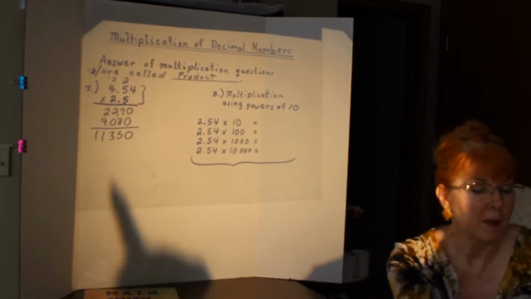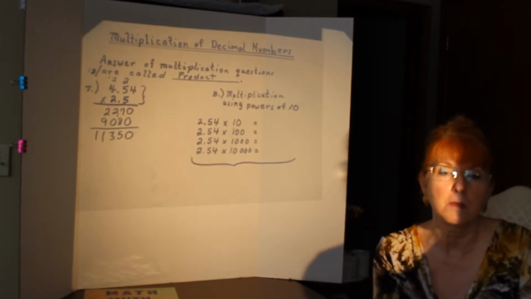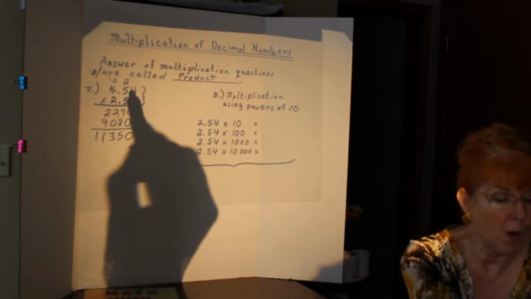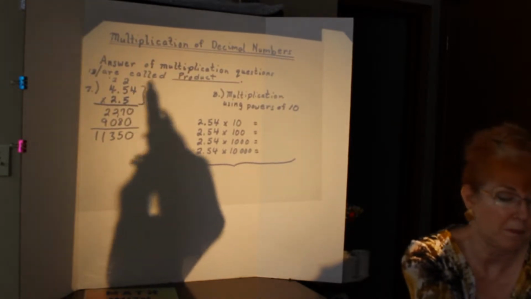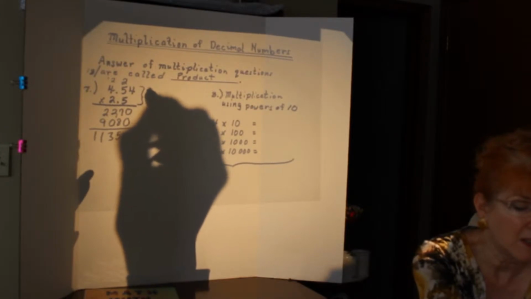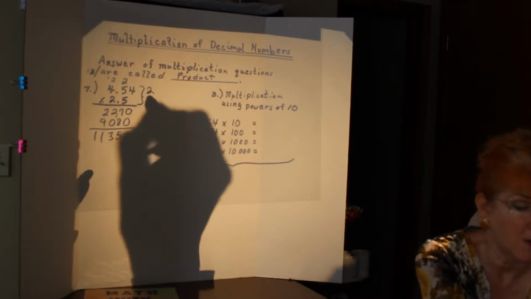I'm going back to my question and I'm going to find how many numbers are behind the decimals in the complete question. So in this row I have 2 numbers behind the decimal, and in this row I have 1 number behind the decimal.